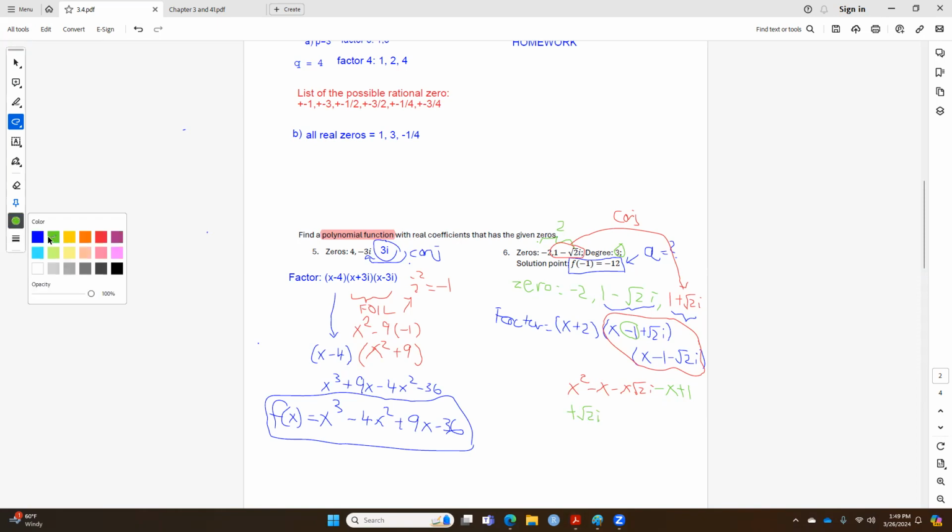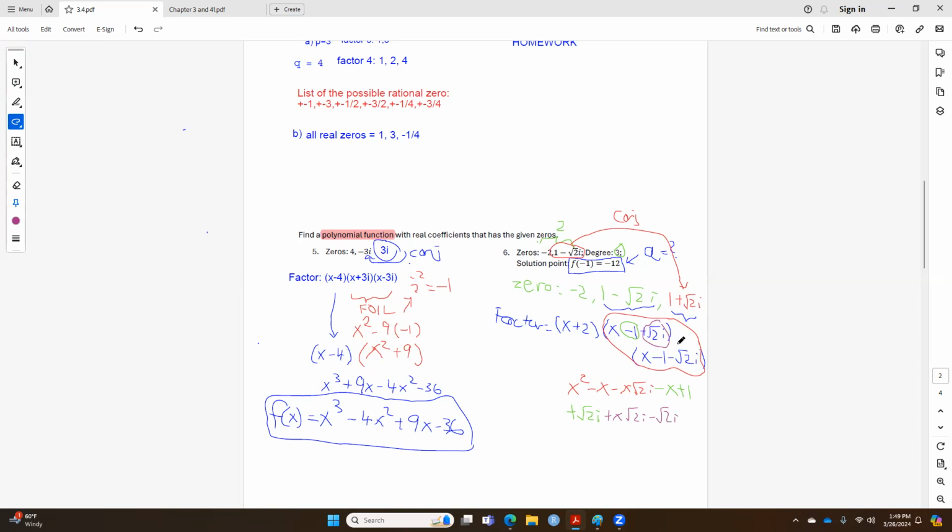And then the last one is I will use √2i and multiply it to this. So when you multiply this, I'll get +x√2i. Multiply this, √2i times -1 is negative √2i.